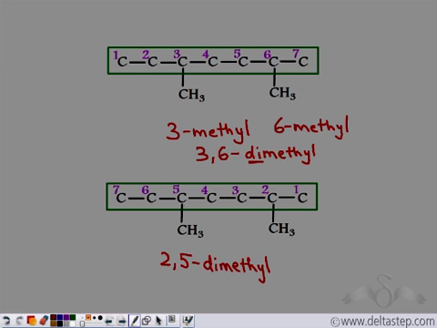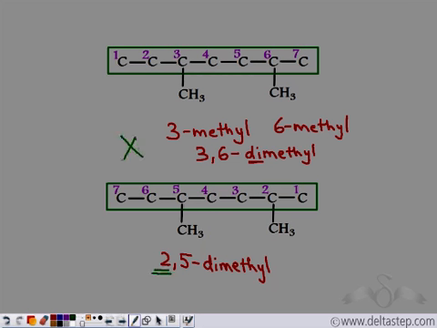So, between these two, which one is right? Again, the rule of IUPAC holds. That is, we give the number to the substituent which is lowest. If you observe, in this case, the first substituent is encountered at position 3. And in this case, the first substituent is encountered at position 2. So if we have to give the lowest number to the substituent, we give this number and not this.